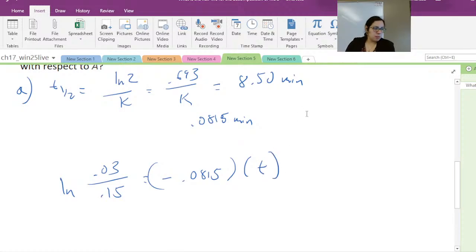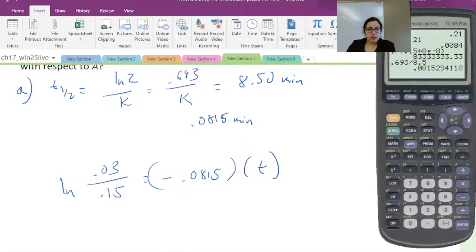And so now, what do we get for t? So I got 19.7, and that would be minutes for t.